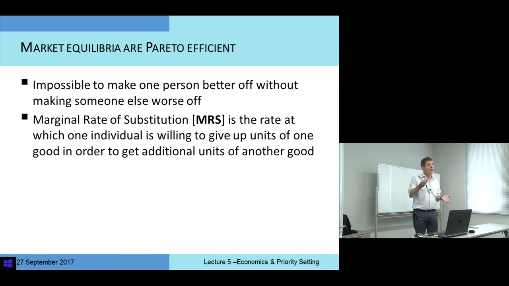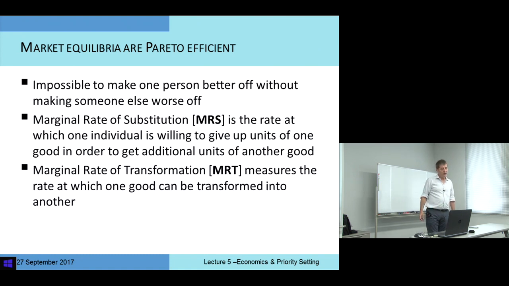So imagine you've got two things that you value. The marginal rate of substitution tells us if you're going to give up a unit of one of the things you value, what increase would you require of the other one? I've got a simple example coming up which I hope will get the idea across.